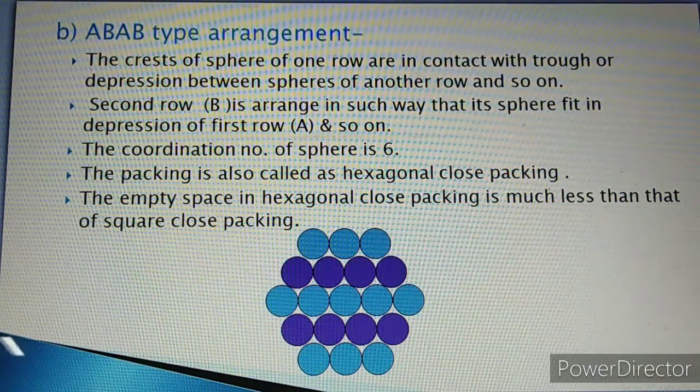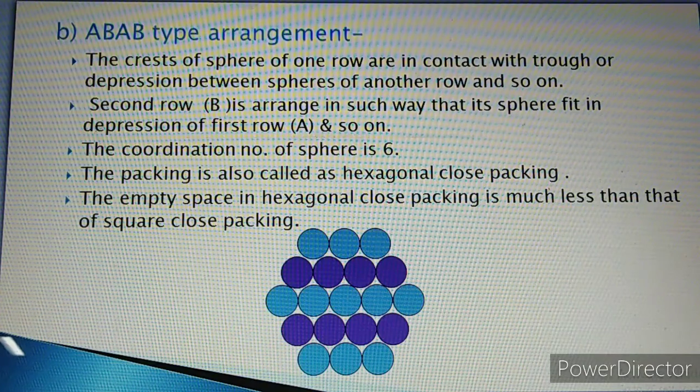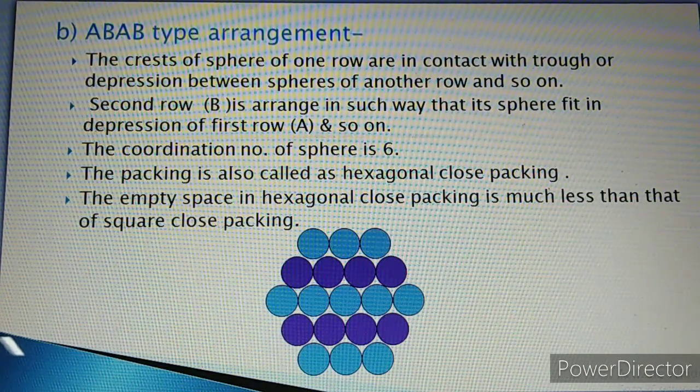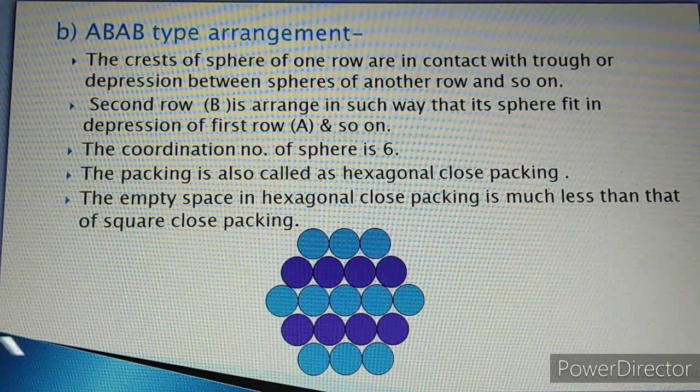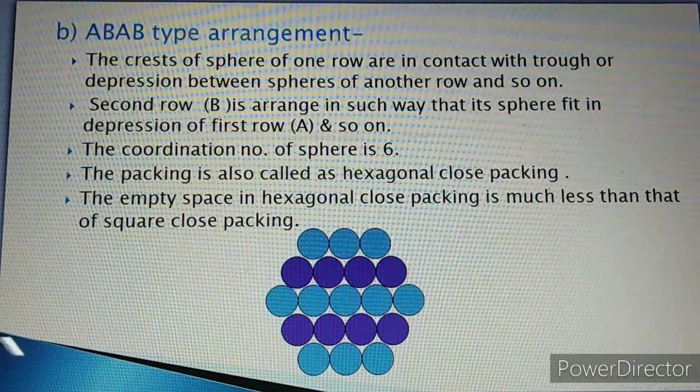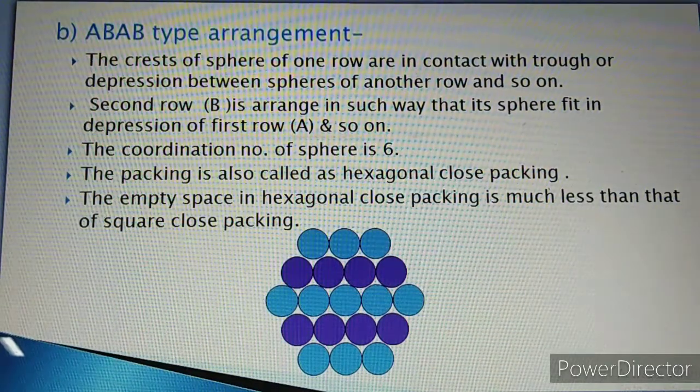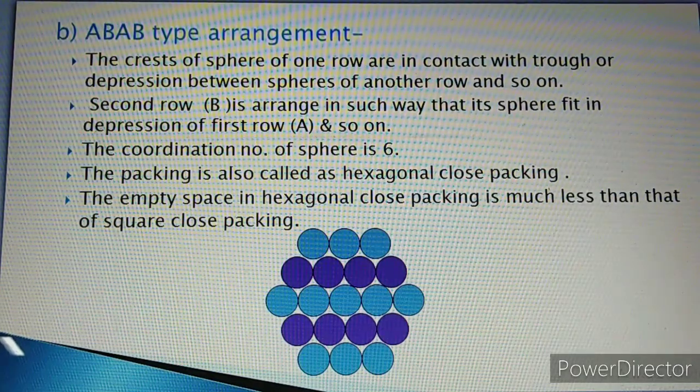So, in this, the crests of the spheres in one row are in contact with the troughs or depressions between the spheres of another row and so on. Or in a simple way, the crest of the sphere of one row is in contact with the depression of the sphere of another row. The second row indicated by B is arranged in such a way that its spheres fit in the depression of the first row.